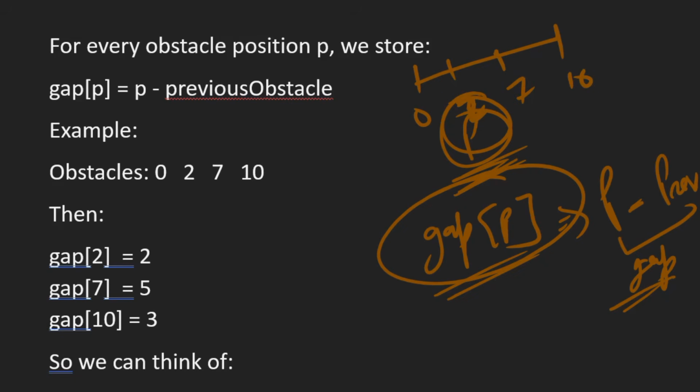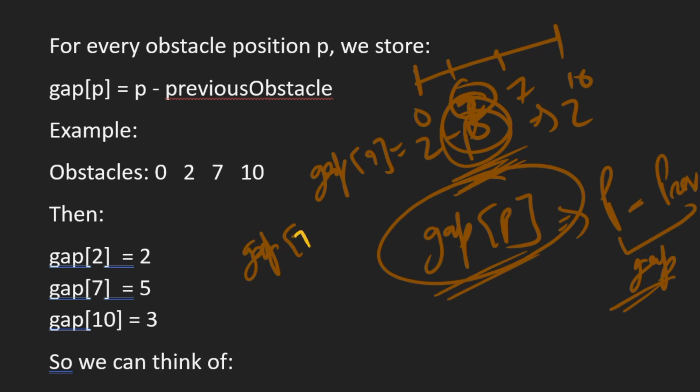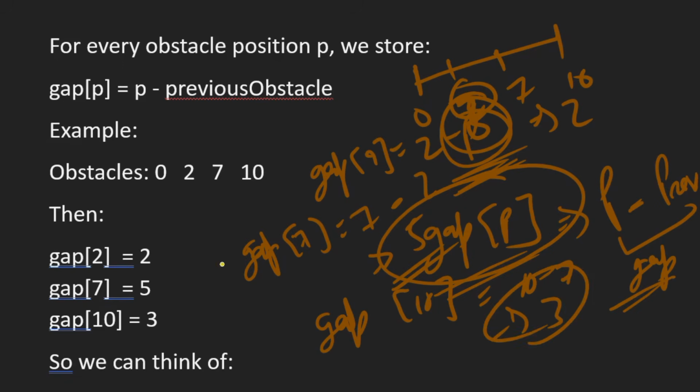At 2, what will be the gap? Gap of 2 will be its current position, 2, minus the previous obstacle at 0, so 2 minus 0 is 2. Then gap of 7 will be its current position 7 minus the previous obstacle at 2, so 7 minus 2 is 5. Similarly, gap of 10 is 10 minus 7, that is 3. So we find these gaps.